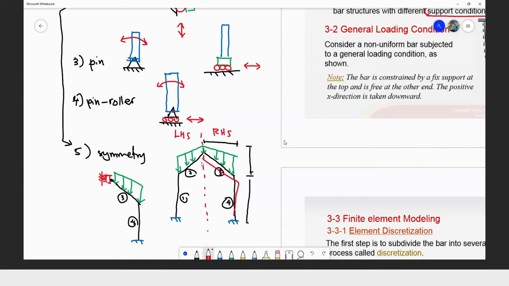So dia tak akan, sebab dia simetri, dia tak akan jadi macam gini. Dia tak akan jadi macam gitu. So bila dia simetri, dia akan deform uniformly juga, secara uniform juga. So that's why we allow the structure to move up and down. Tapi dia tak boleh pergi to the left and to the right.